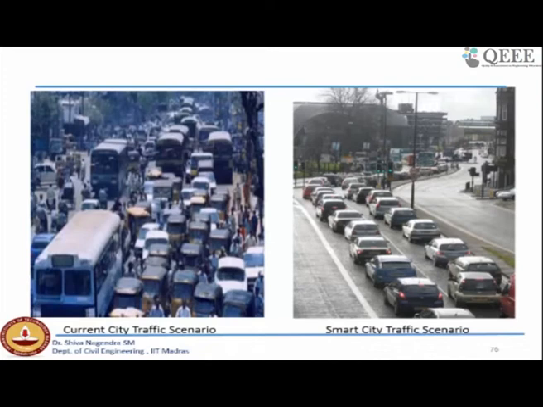So now, if this is the scenario, how do we bring it to a cleaner environment and reduce these traffic emissions? If you reconnect the whole discussion of session 1 and session 2, in session 1 we indicated how to reduce the emissions contributed by this kind of heterogeneous traffic.